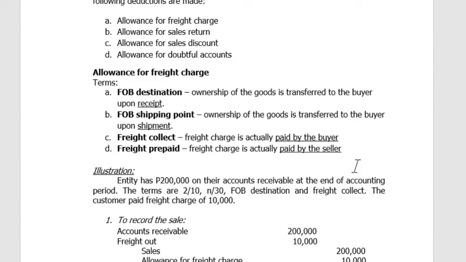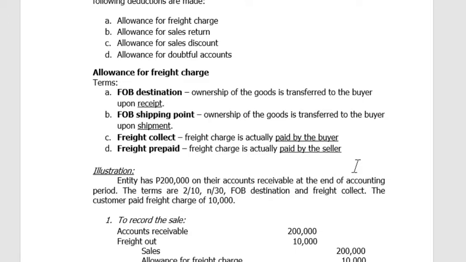So ibig sabihin, from the seller's point up to the point of the buyer, before the point of the buyer, yun ay owned pa, yun ay pagmamayari pa nung seller. So, matatransfer lang yung ownership at the time na nandun na siya sa buyer's point. So, yun ang sinasabi under FOB destination.